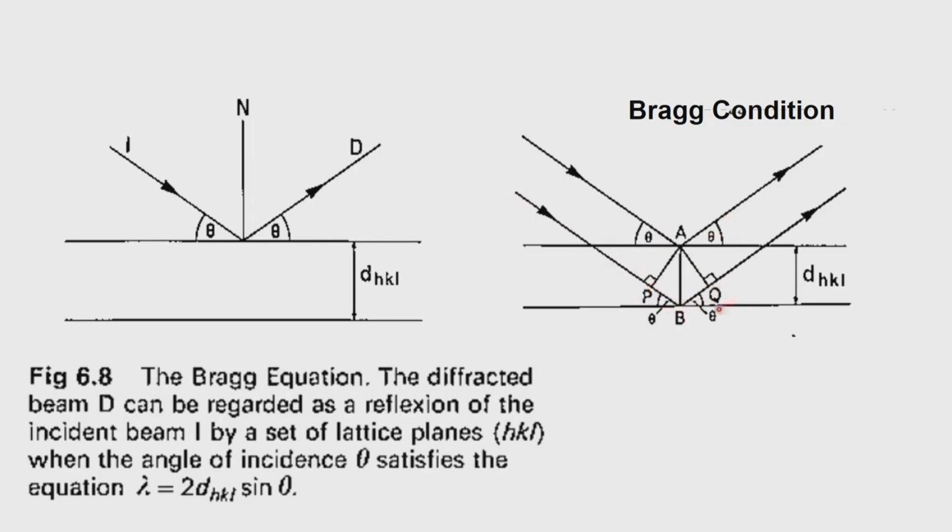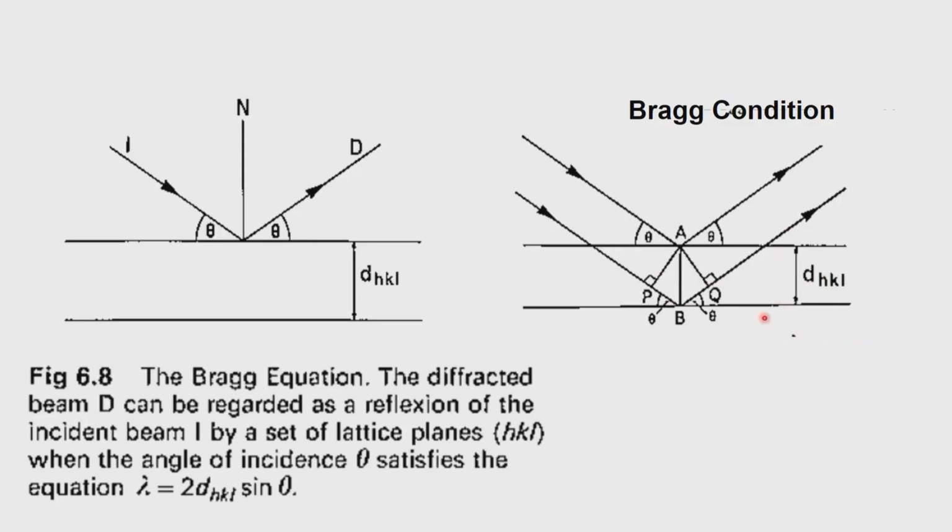Now, this ray has travelled Pb plus Bq, but the scattering occurs at an angle of theta. The spacing is d of HKL. Making use of the fact that the additional distance is Pb plus Bq, in principle you should be able to find out what d of HKL is, because 1 over d of HKL corresponds to 2 sin theta by lambda.